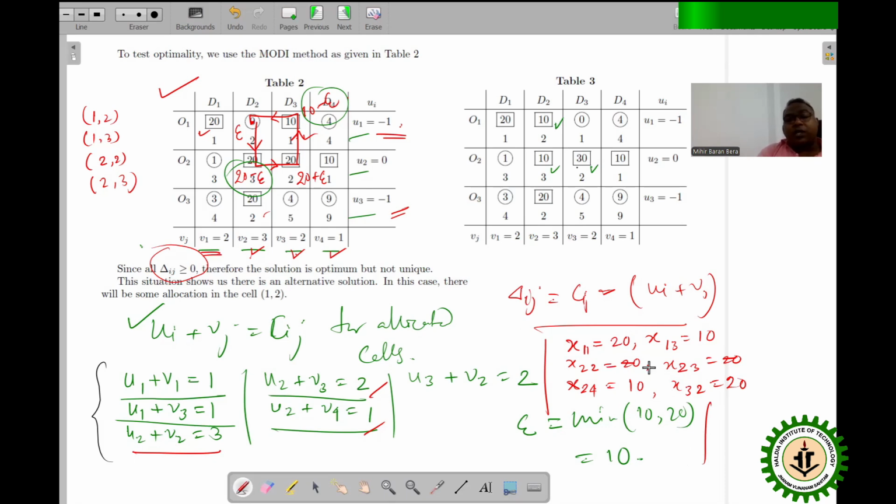And if you find out the total transportation cost, the transportation cost will be 1/8.